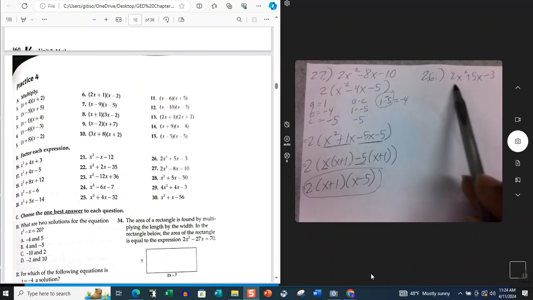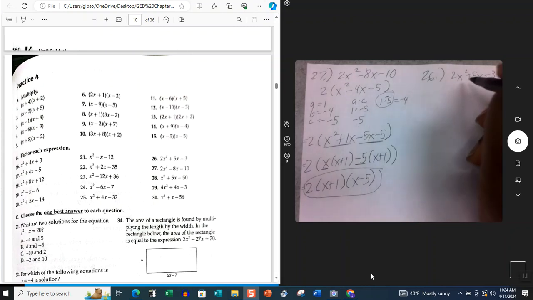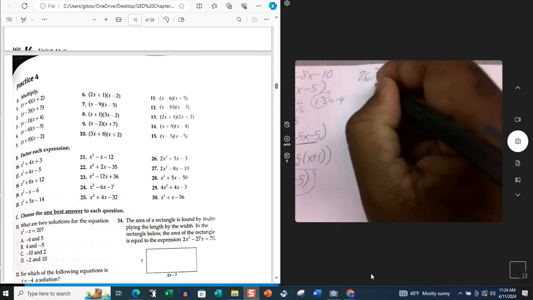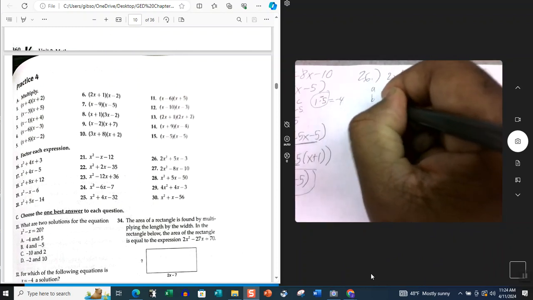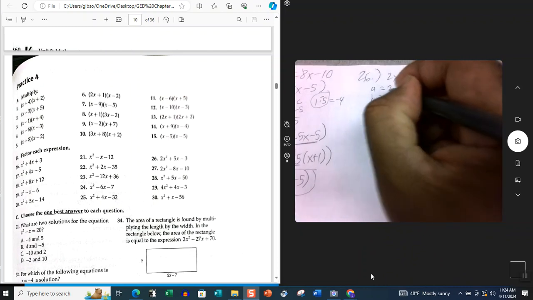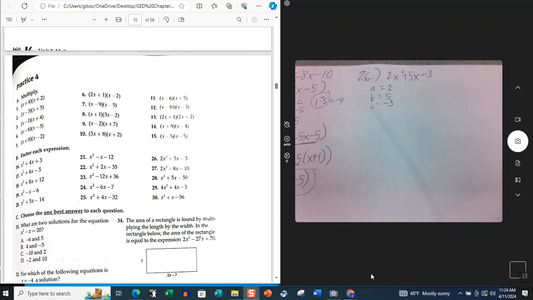This is in order from ax squared plus bx plus c. They only have a positive 1 that could be factored out. So we'll list our a, b, and c. Our a is 2, our b is 5, and our c is negative 3.